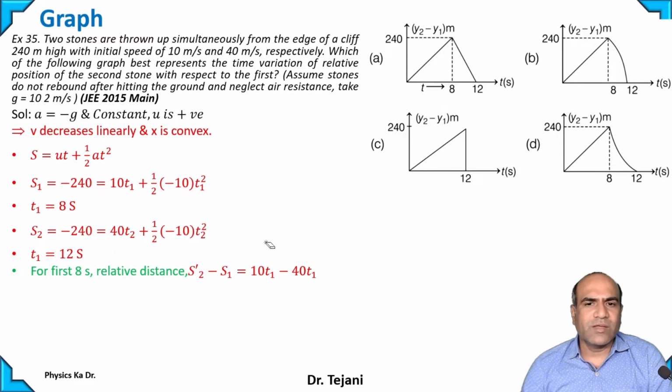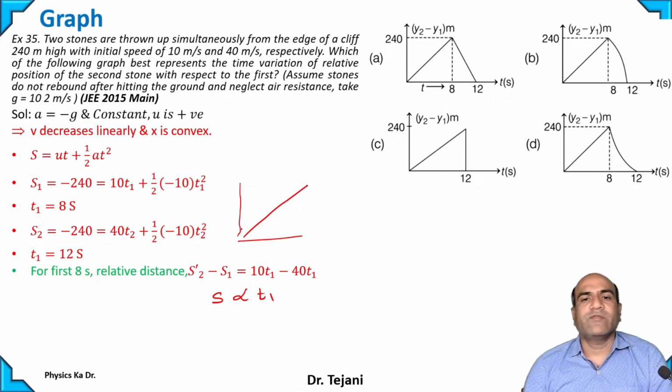If you see here, the displacement difference is directly proportional to t. So the first part of the graph should be linear.